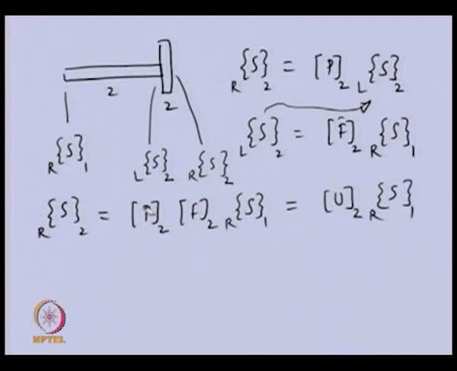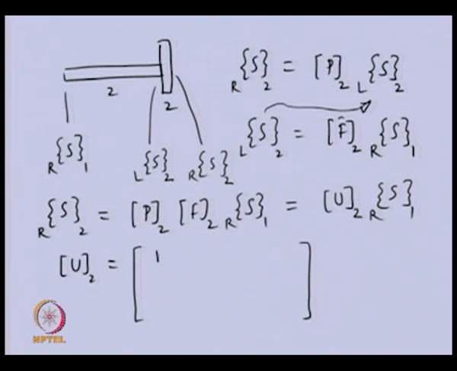And we know the P matrix and F matrix, and if we multiply these, we can obtain the form of U like this, because it will remain a 2 by 2 matrix.